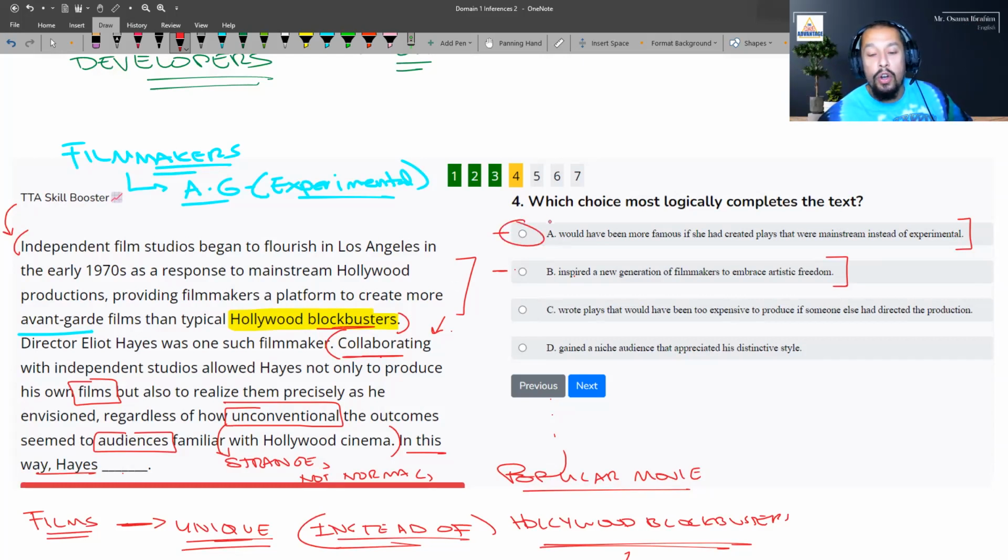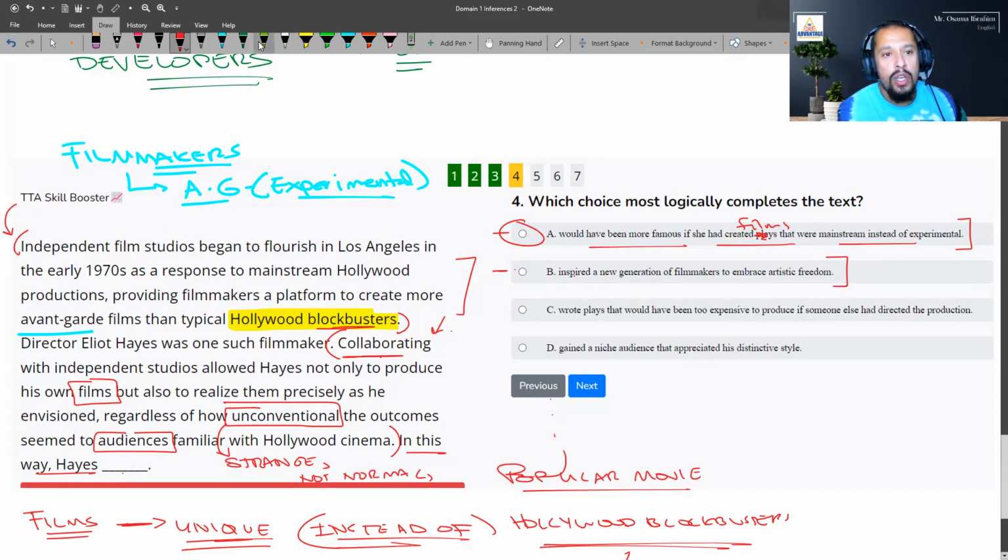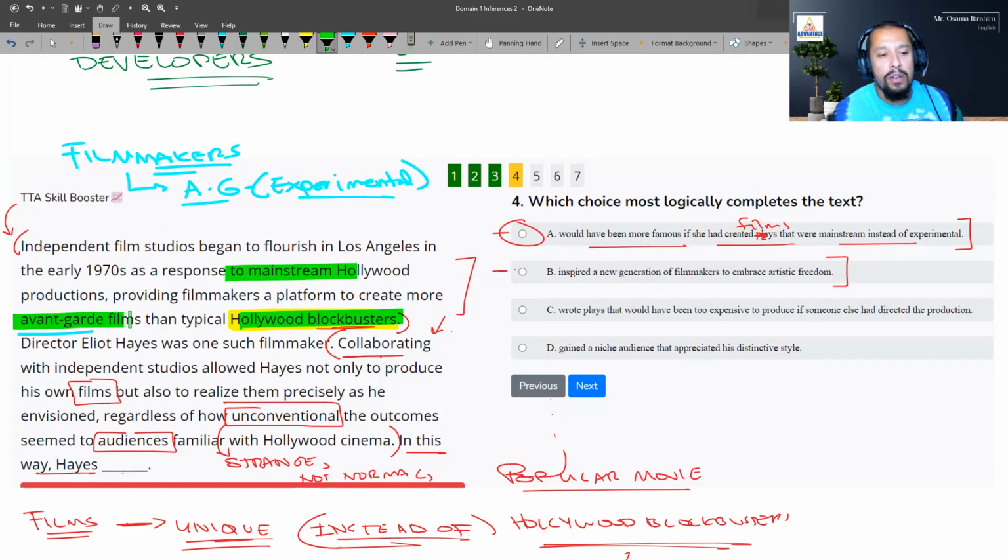We can say answer A. Elliot Hayes would have been more famous if she had created films that were mainstream instead of experimental. Well, you're going to tell me how? Well, because first of all, she did not make mainstream. She did not create Hollywood blockbusters. Mainstream is the popular form. She created avant-garde films. She created unique or strange films.